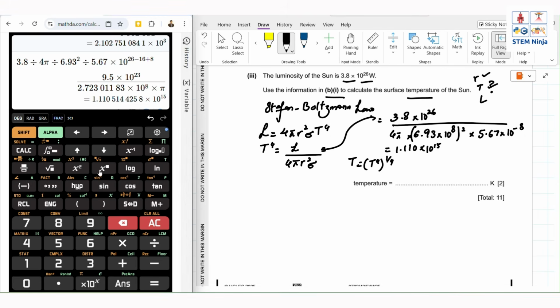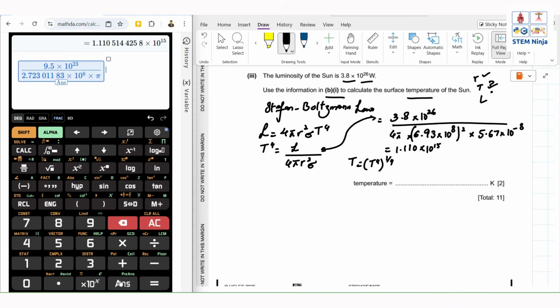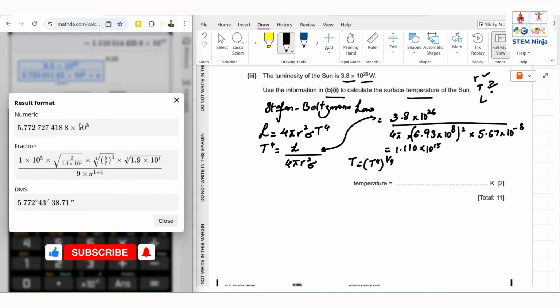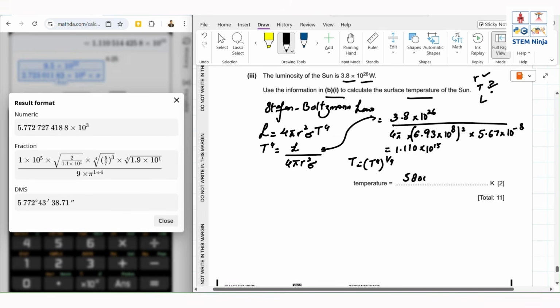So what we need to do further is answer raised to the power 0.25. So we will get 5.7 × 10 raised to power 3, so 5,772. So basically, you can say 5,800 if we round it to two significant figures. So 5,772.7 Kelvin would be exact.